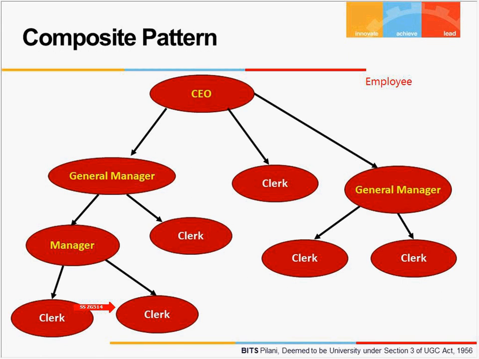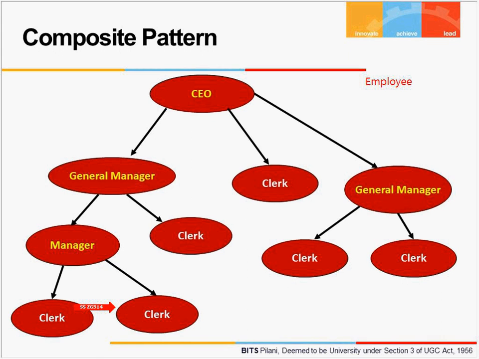Where the middle nodes are made up of composite objects, right? However, it is important that each one of them is the employee of the company and is governed by the rules of the company. So we want a pattern so that we are able to access each of the objects, whether composite or atomic, through a common interface, right?